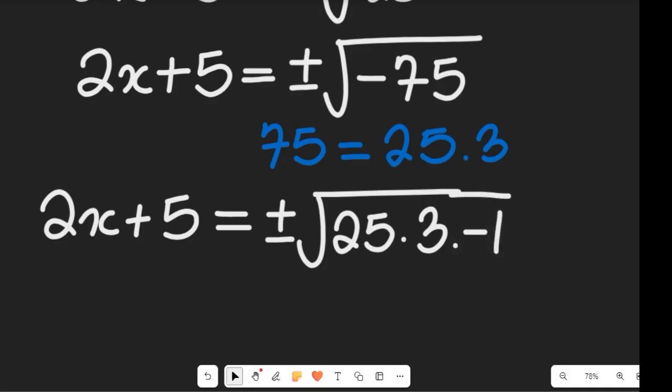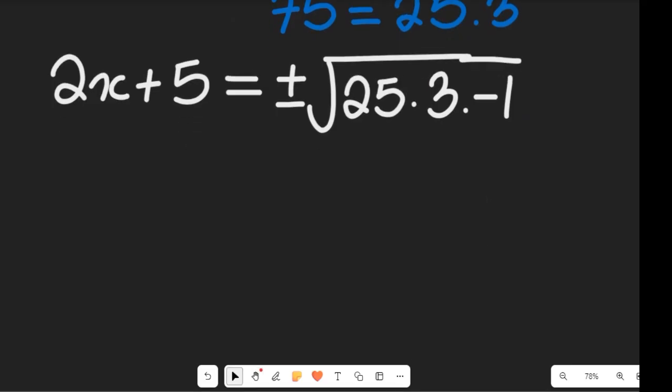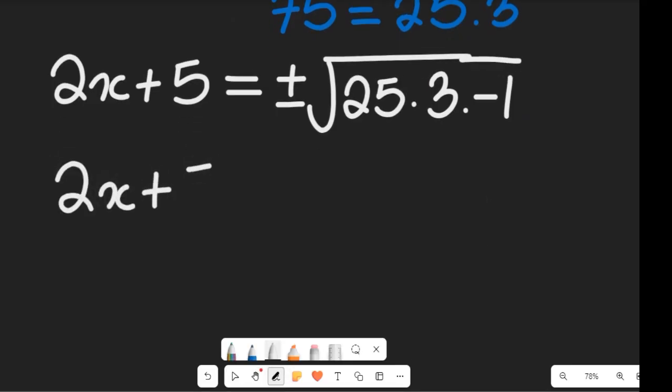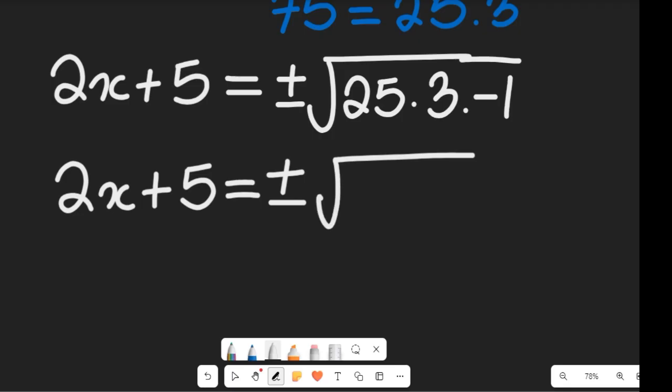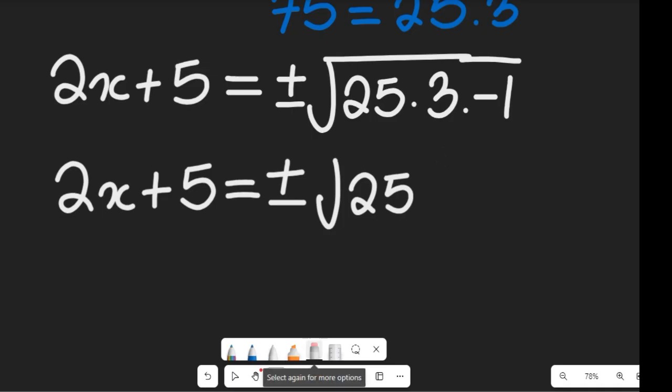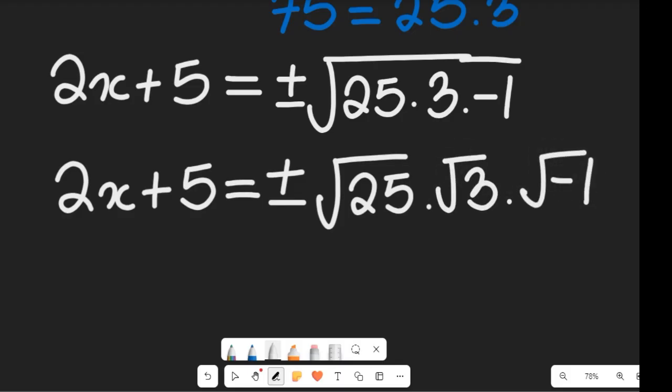Good. So we are going to simplify this. This is going to give us 2x plus 5 equal to plus or minus the square root of 25 on one side, multiplied by the square root of 3, and multiplied by the square root of negative 1.